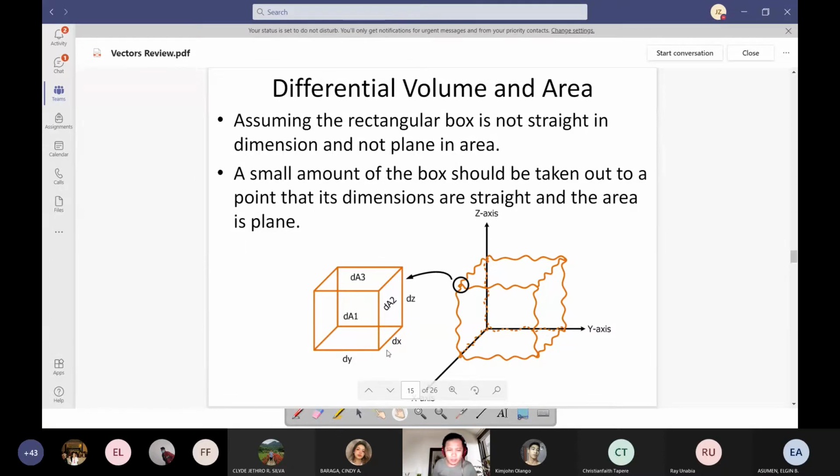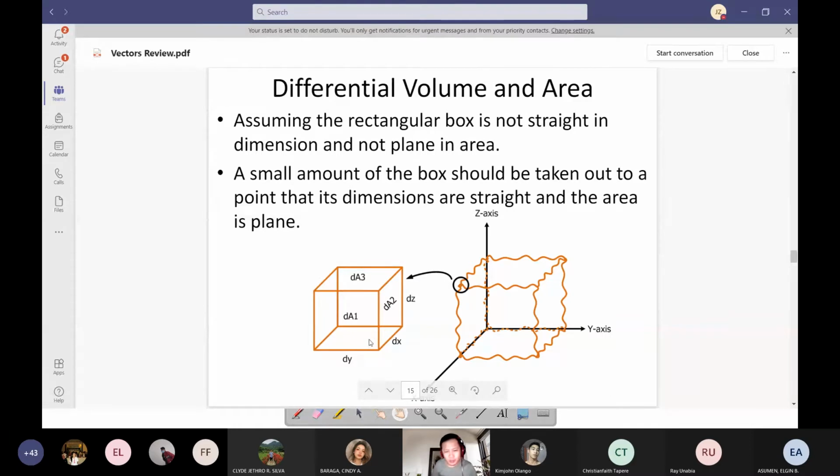Since this is a very small part, recall in mathematics, if that is a very small amount, then it's called a differential amount. Yes, this is differential calculus. So we'll have a differential amount of this object from our main object. This differential amount will have a differential volume and differential areas.